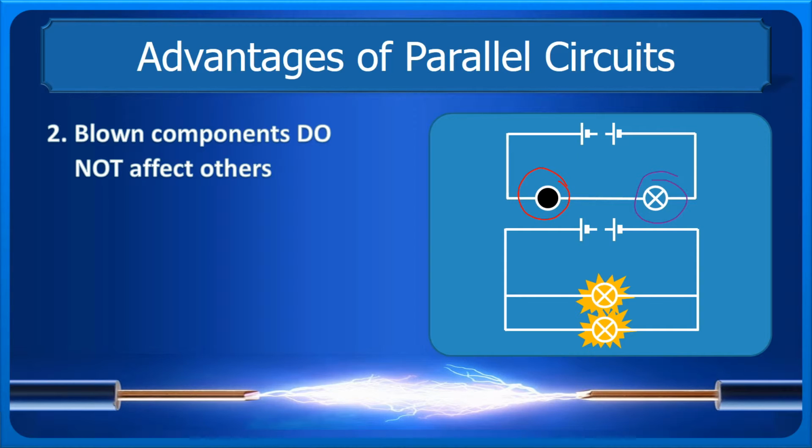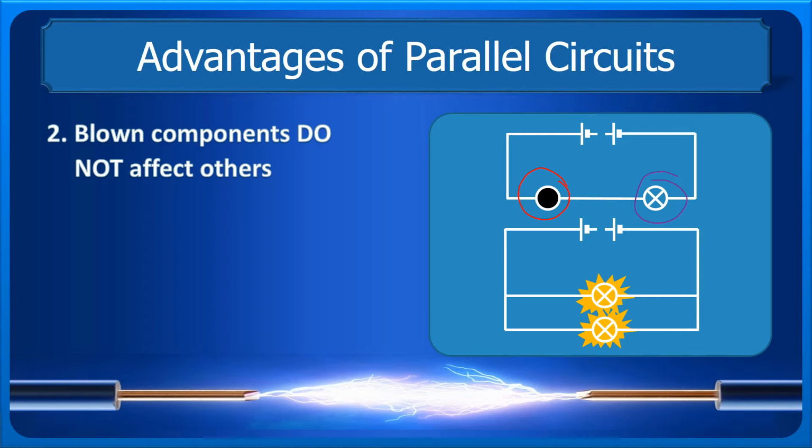This stops any flow of current through the loop because the filament in the bulb is carrying the current, and when the filament breaks or the bulb blows, then that current can no longer flow. So this means that any other components in the loop will also stop working because there won't be any flow of current.